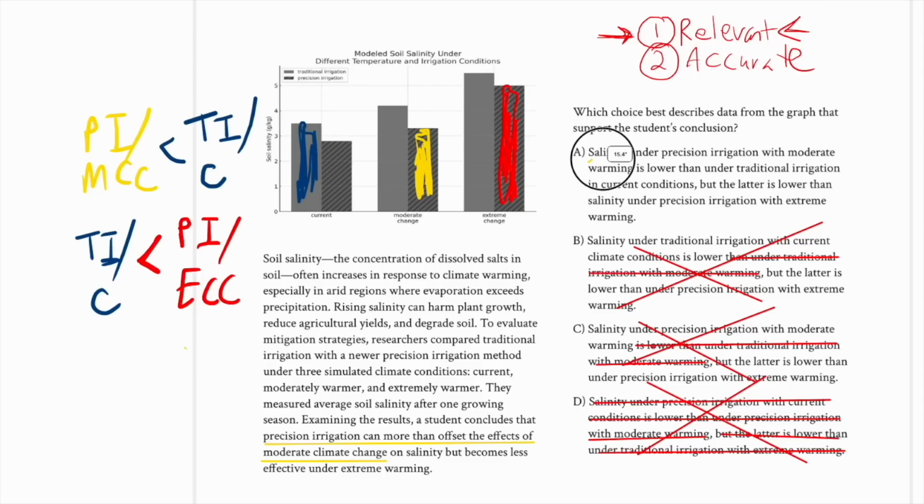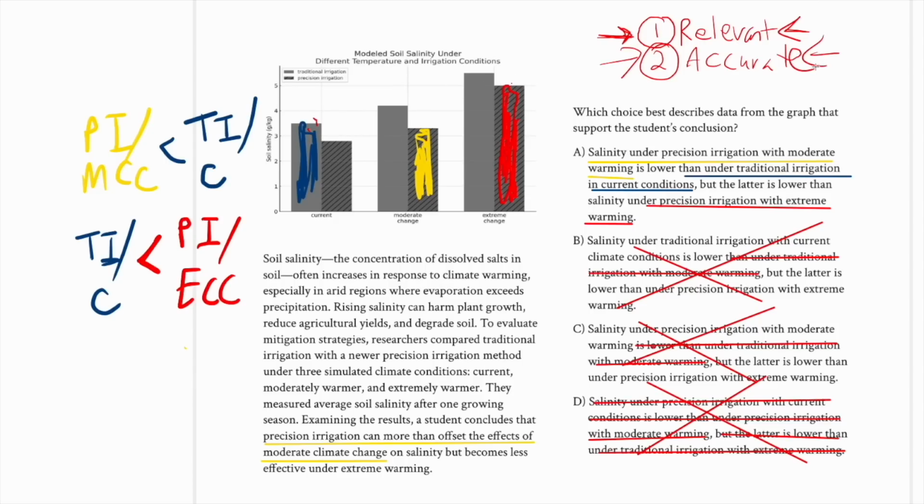So salinity under precision irrigation with moderate warming, precision irrigation, moderate climate change, is lower than under traditional irrigation in current conditions, but the latter, this, is lower than salinity under precision irrigation with extreme warming. And so, yes, that is accurate. This is lower than that, but this is lower than that. And that's just sort of the icing on top.